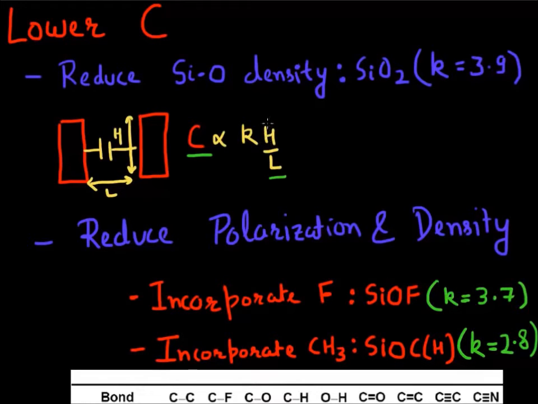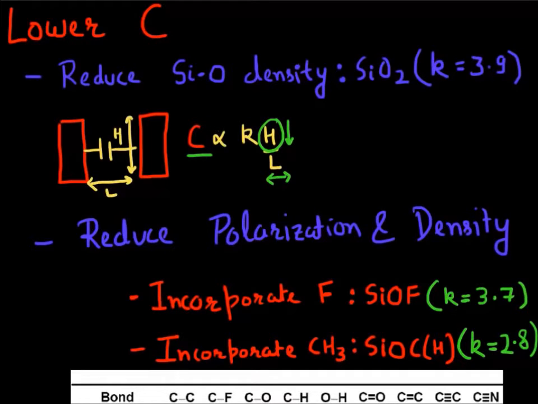So one thing we can play around with is the layout. We can make these interconnects shorter, and we can separate them with more distance, and that's one way to influence this capacitance.